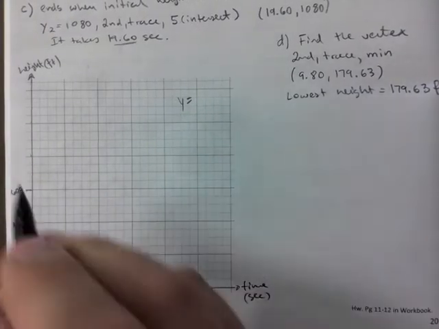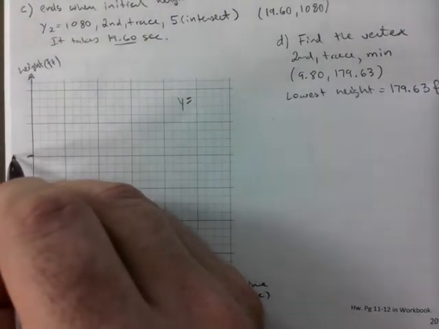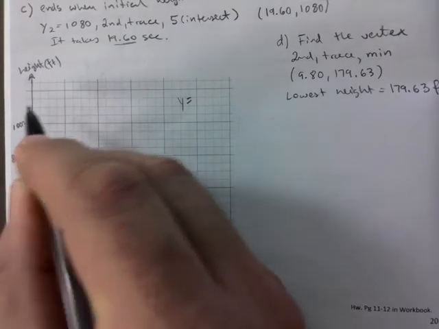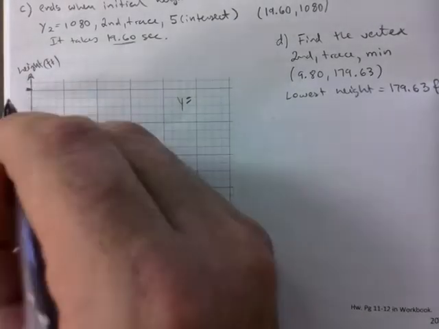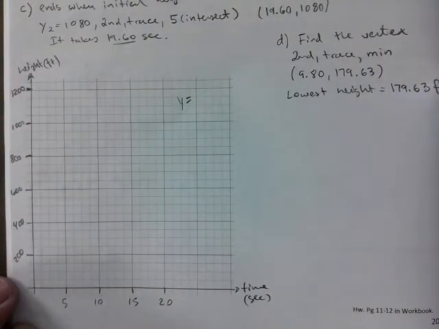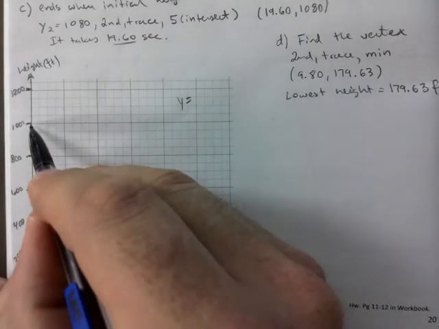If you want to go up by 150, be my guest, right? I'm not going to tell you what scale you must pick, as long as it's consistent and as long as it fits, right? So X scale is 5. Y scale, I go up 200 for every 4 boxes. Okay, 1,080.